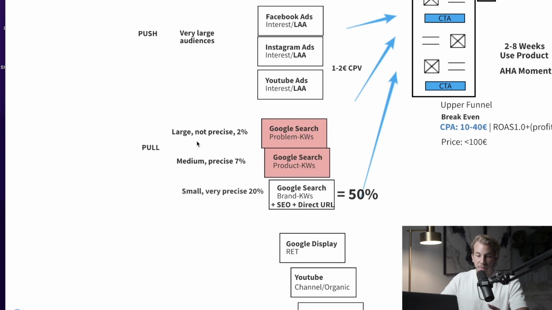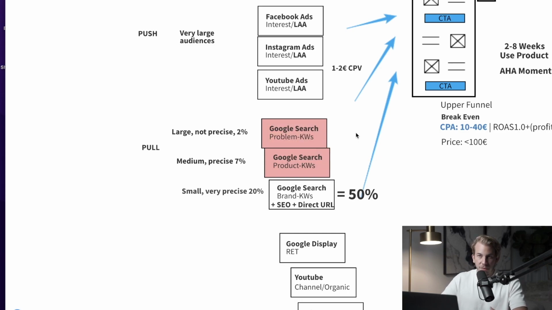For example, the biggest pull audiences, which are not really precise and you can only convert a small percent of them on average, as an example, imagine 2%. This is a large audience of people that have a problem and they type in this problem keyword into Google.